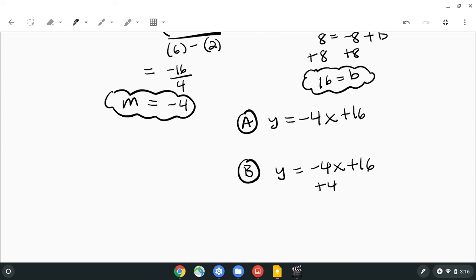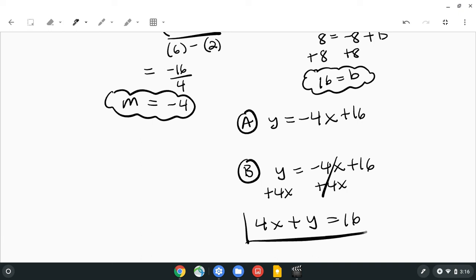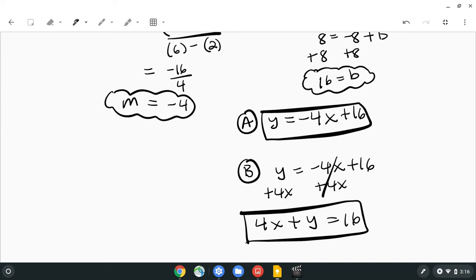So I'm going to go ahead and add 4x. And I get 4x plus y equals 16, because standard form. And we don't have any fractions. The coefficient of x is positive, so we don't need to do anything else here. This is my answer for B. This is my answer for A.